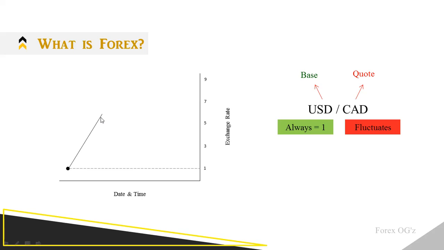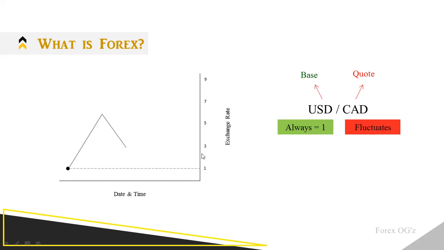And whenever you see price trading lower, that means that your base currency is getting weaker. And the opposite is the case for the quote currency. Whenever we see our price trade higher, that means that our quote currency is getting weaker in value. And whenever we see price trading lower, then that means that our quote currency is strengthening in value.